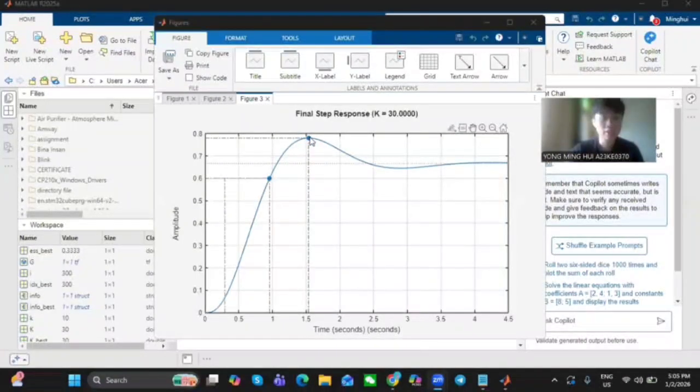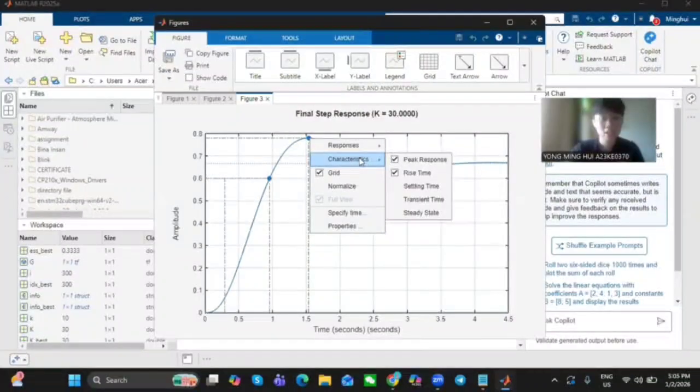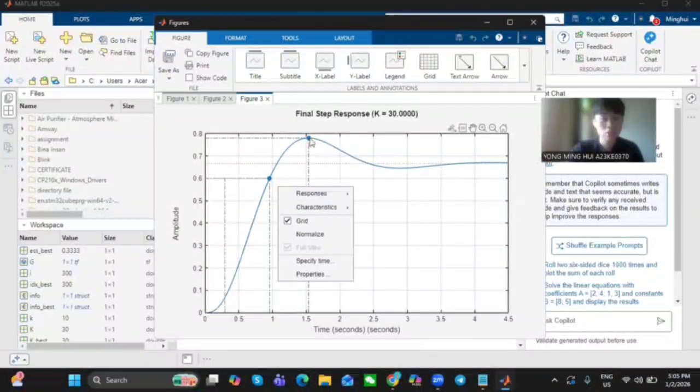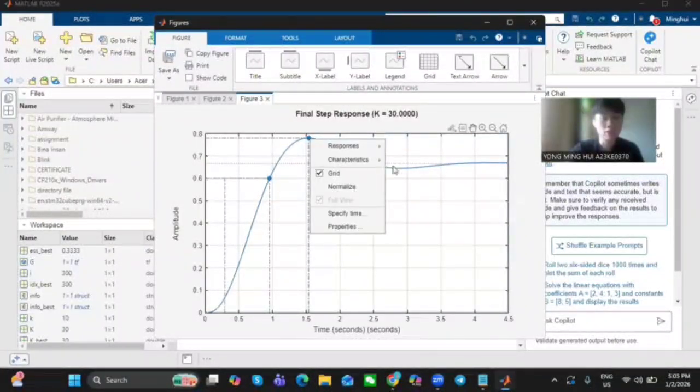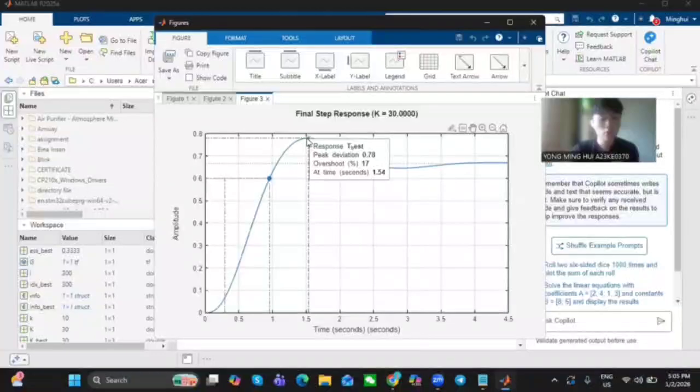If we want to see the peak response, rise time, settling time, transient time, or steady state, we just right click and select the characteristics, and it will show on the graph. As mentioned just now, it shows the overshoot is approximately 17%, which is reasonably close to the design target. So this is method 1.